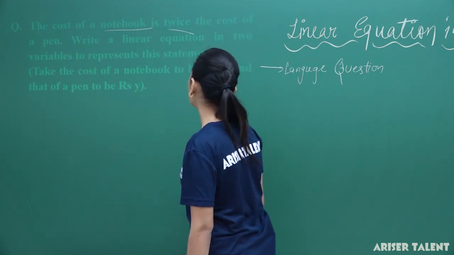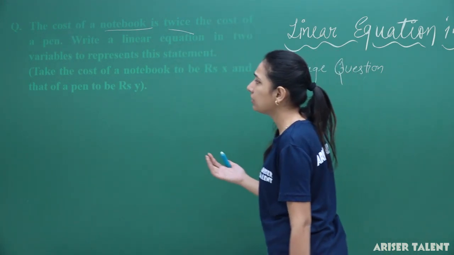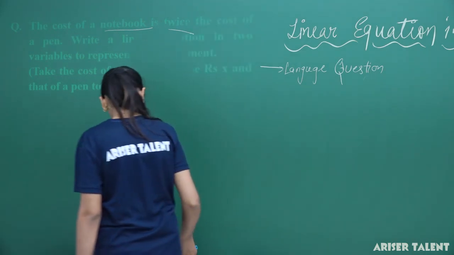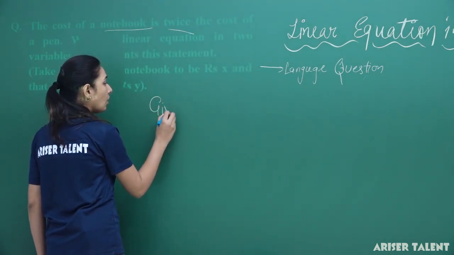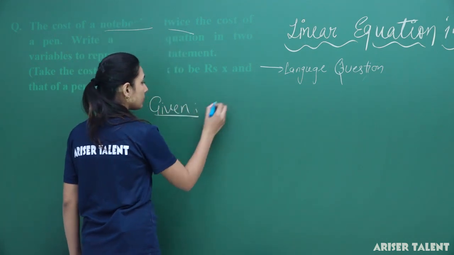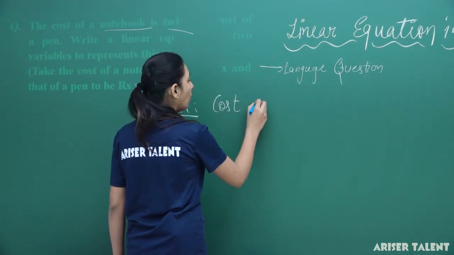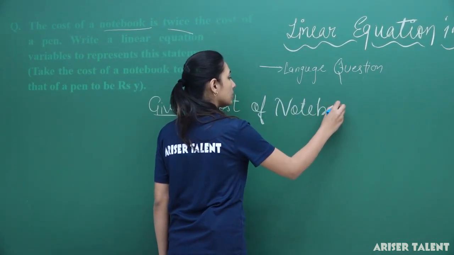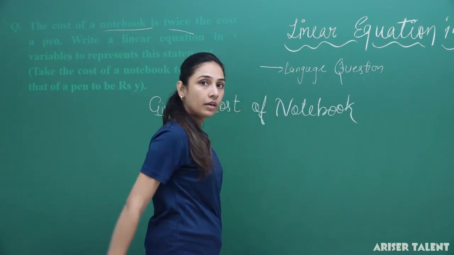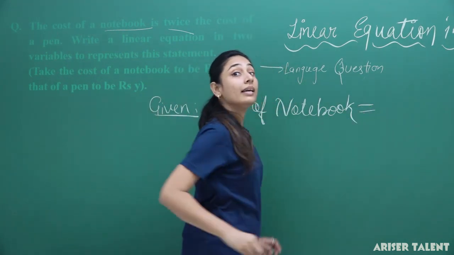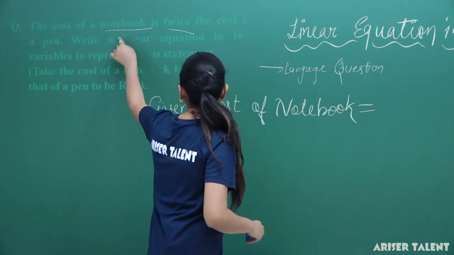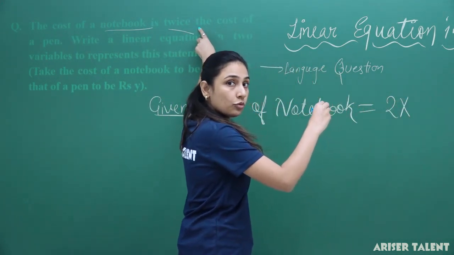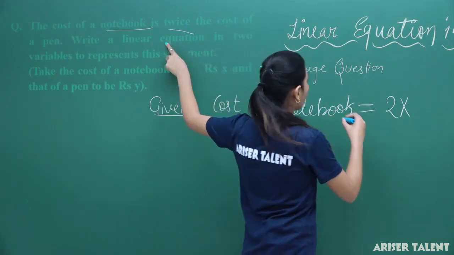Take the cost of a notebook as x, and that of a pen to be y, right? So, given: cost of notebook is twice the cost of a pen. Clearly it is given to you, cost of notebook equals 2 into, or twice, the cost of a pen.